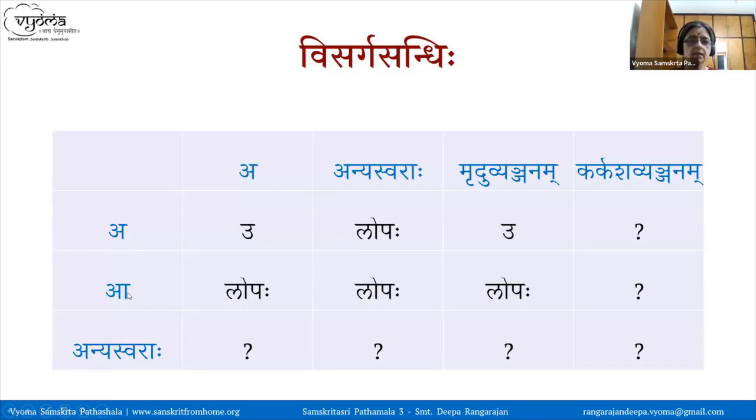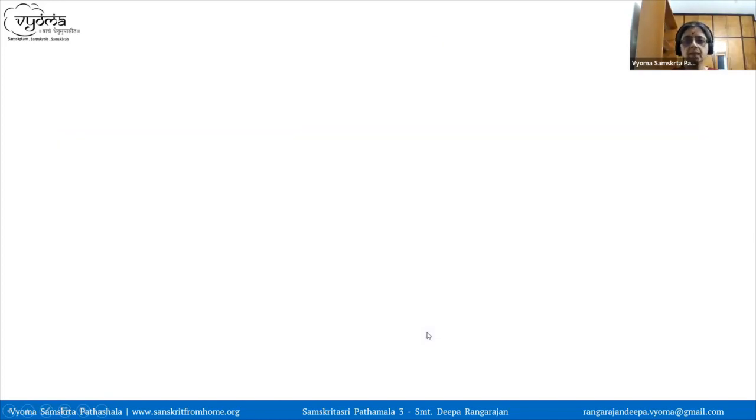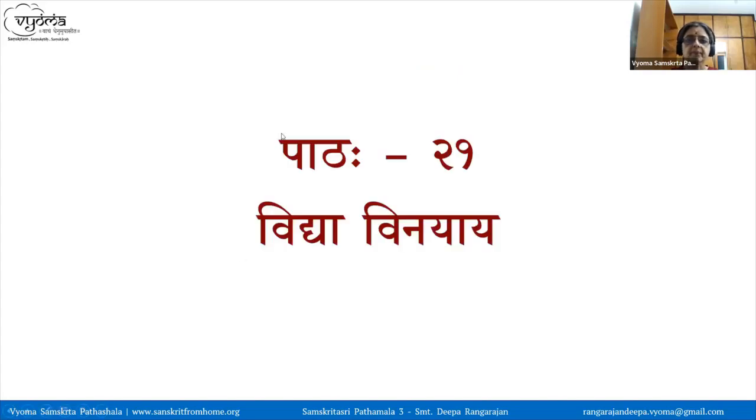If it is Akara, for any Swara or Mridu Vyanjana, the Lopa happens. So Akara or other Swaras or Mridu Vyanjana, Lopa happens. The other modifications we will not see right now. We will learn them later. So first I will take the questions if there are any, and then we will proceed.